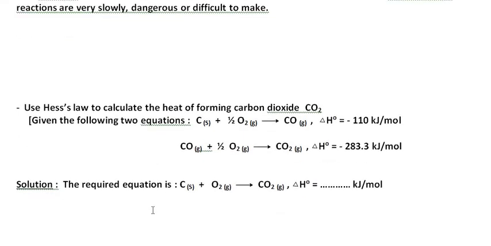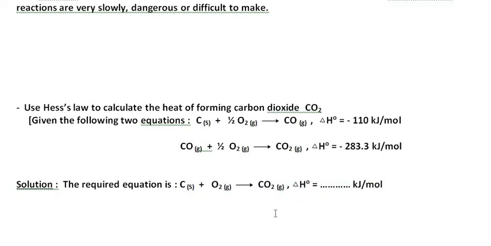So, for example, if we want to calculate delta H for this reaction, delta H is required for this reaction. Using the above two equations of known delta H's, we can calculate the delta H of this reaction.